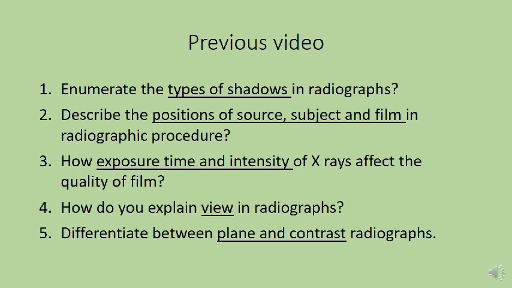You are also aware of exposure time and intensity of X-rays and how they affect the quality of the film. Now you have been enabled to explain what a view is in radiographs. You are also able to differentiate between plain X-rays and contrast X-rays.